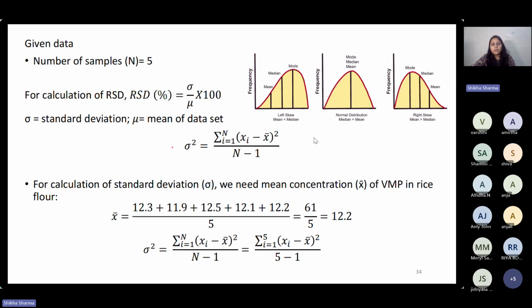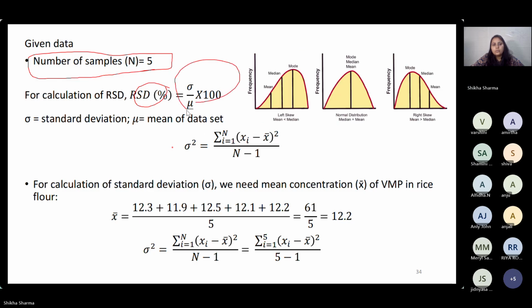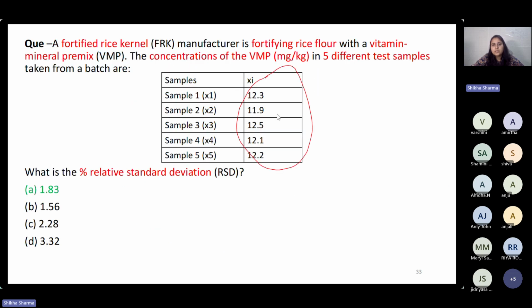Let's solve this question. The given data has number of samples n equal to 5. When we calculate the percentage RSD, relative standard deviation, it is equal to the standard deviation divided by the mean of the data, into 100. So first we need to calculate the standard deviation, and the second thing is the mean of the data. How can we calculate the mean?